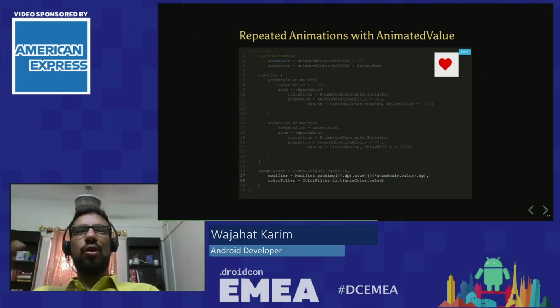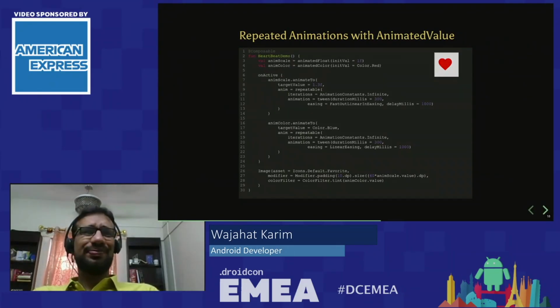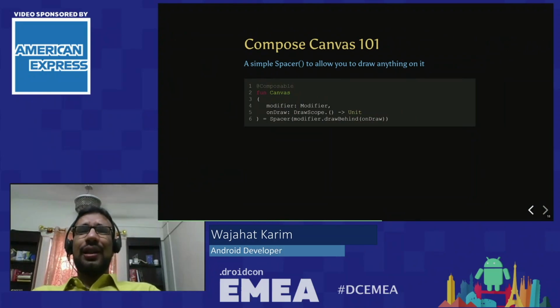Before we do that, let's see a simple example of Canvas. Canvas is a spacer, nothing else. It allows you to draw anything on it.